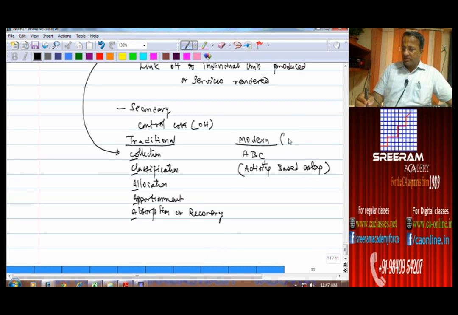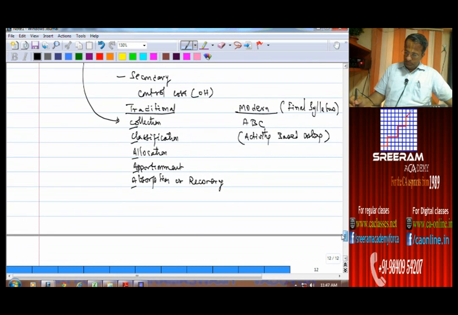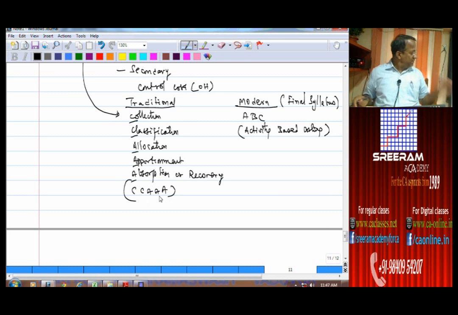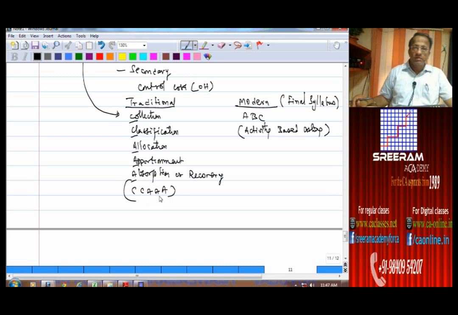This is in the final syllabus. CCAAA: collection, classification, allocation, apportionment, and absorption or recovery.